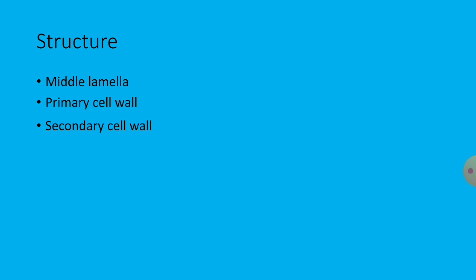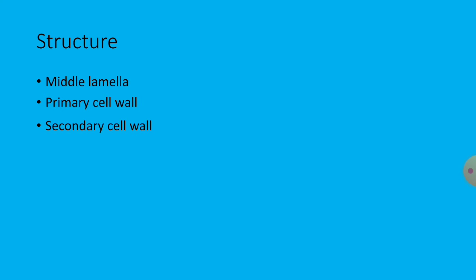And then the primary cell wall. Along with this middle lamella that is present between the cells, each and every cell is enclosed by a separate cell wall that is called primary cell wall. Since it is primary in origin, it is called primary cell wall. Right from the birth of the cell till the death, it remains.